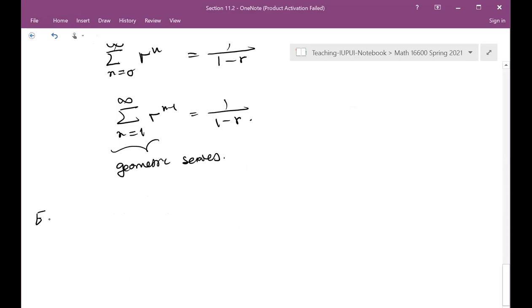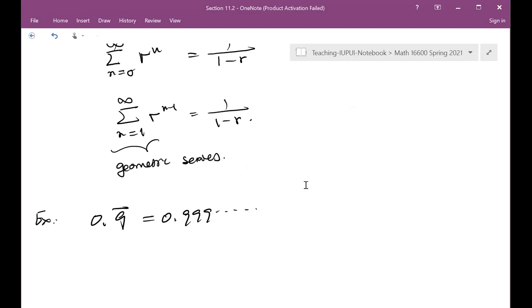The next example is 0.9 repeating. When we write 0.99999, this is a limit concept, because you cannot keep writing the digit 9 forever. It's repeating.